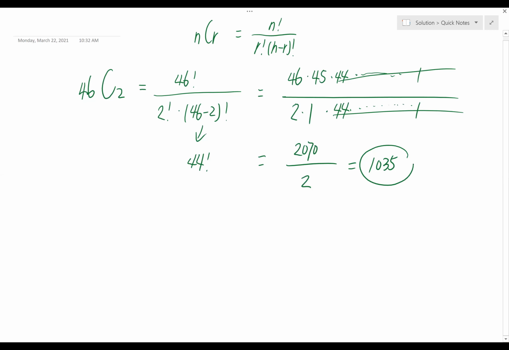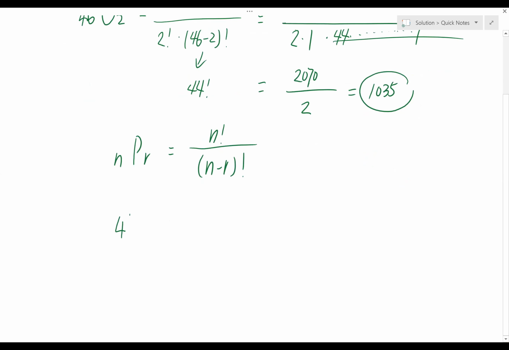For permutation, if it is NPR, it will be n factorial over n minus r factorial. So as you can see, it is 46P2. It should be 46 factorial over 46 minus 2 factorial, because we arrange those 2 members you picked.